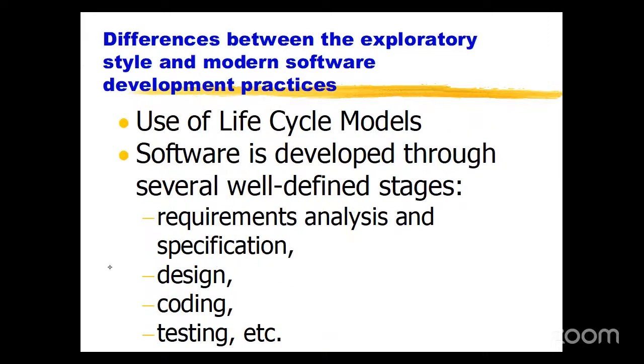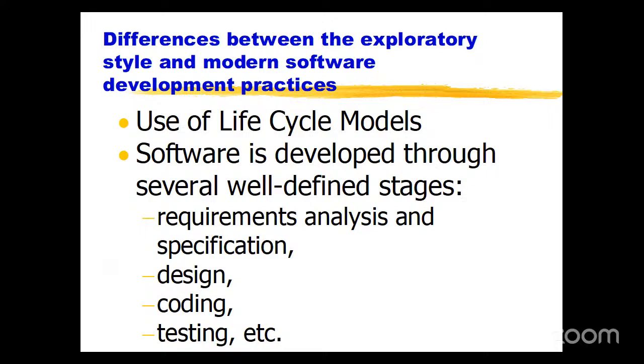Then we will see the differences between the exploratory style and the modern software development practices. That is, what was used in ancient days and what we are using at present, or in the 1990s. First, the use of life cycle models.